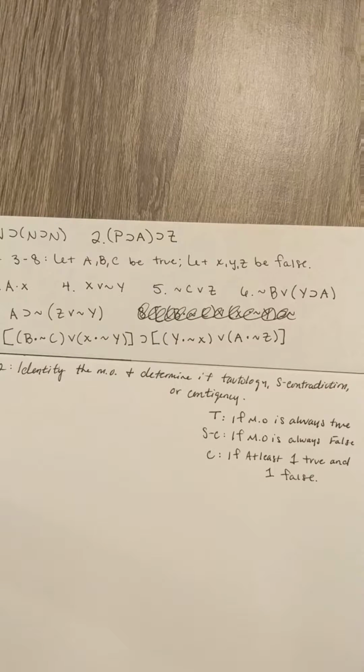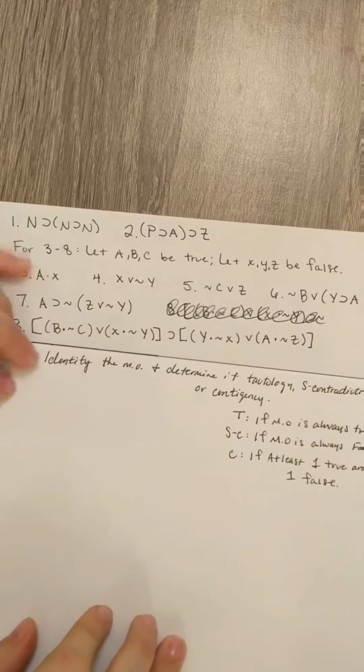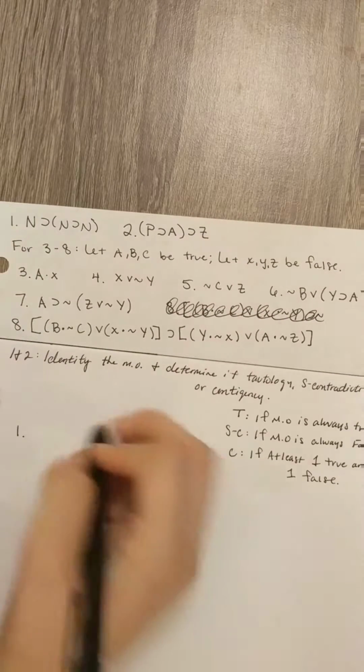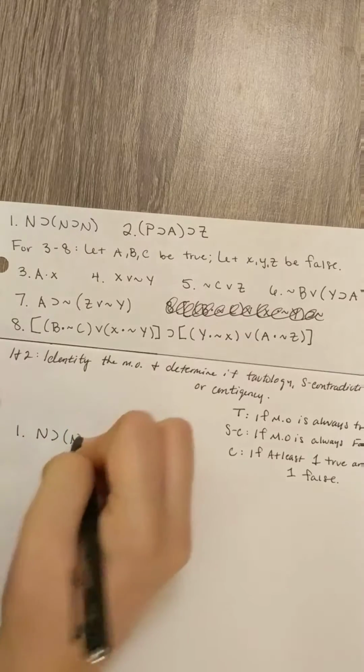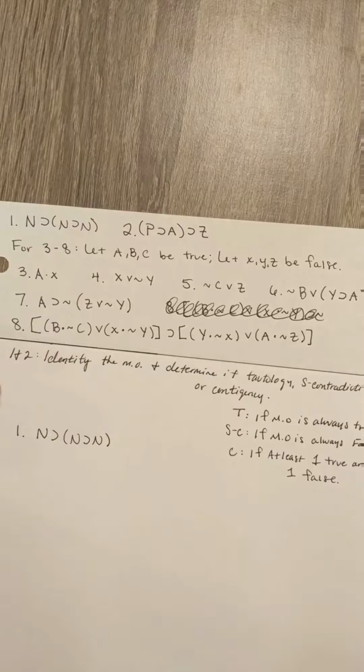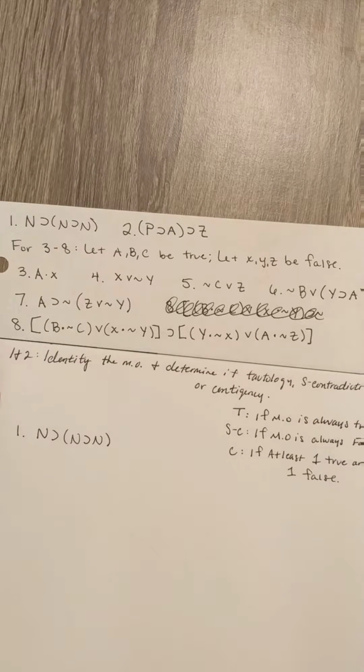So on number 1 and 2, we're not told the truth values of our statements, so we have to make a truth table. So number 1 is saying if n, then if n, then n.